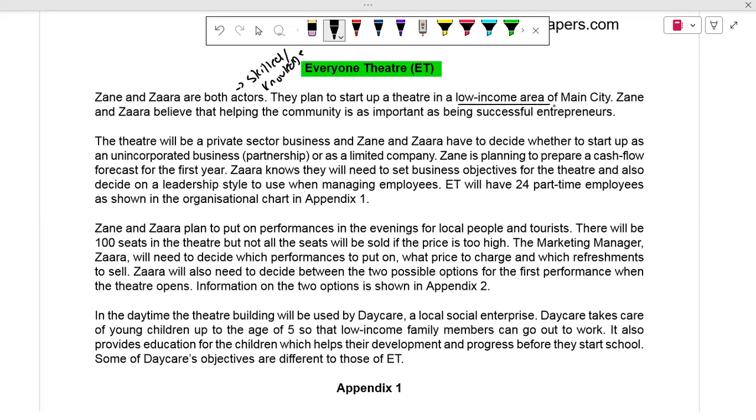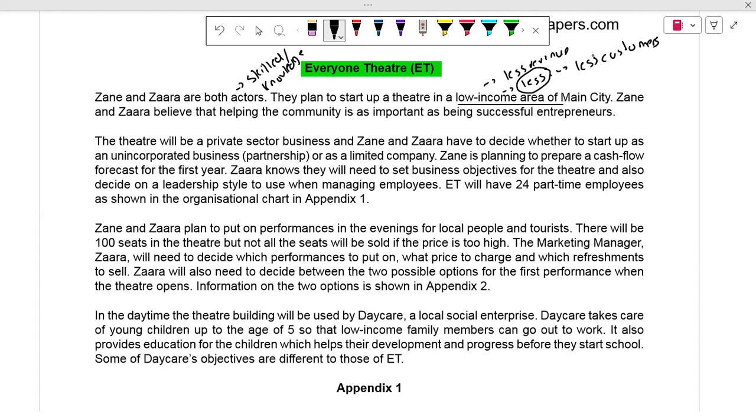So if they are going to start their theater in a low income area, maybe there will be less revenue, or one more thing can happen: maybe fewer customers in this area. Why?